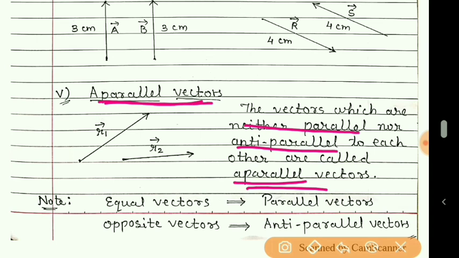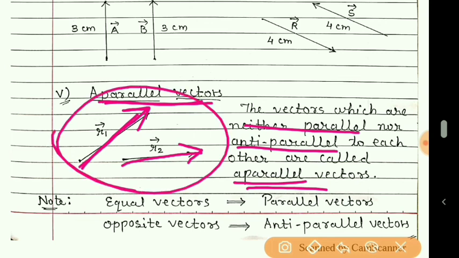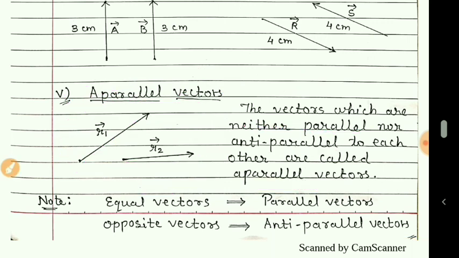You can see here this vector is having direction along this side, this vector is having direction along this side. So you can see that these two vectors are neither parallel nor anti-parallel, and hence they are termed as aparallel vectors. And at last, I have shown here that equal vectors are always parallel.